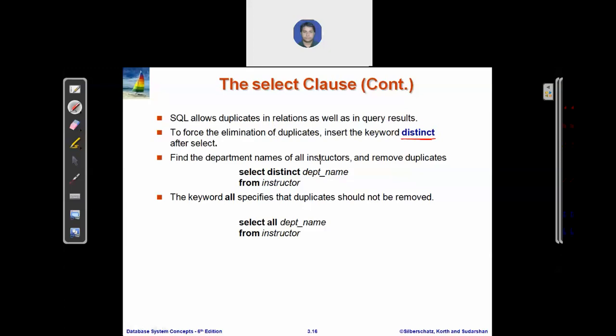Suppose we want to retrieve the distinct department name from the instructor table. So we will write select distinct department name. In this case, it will remove duplication.